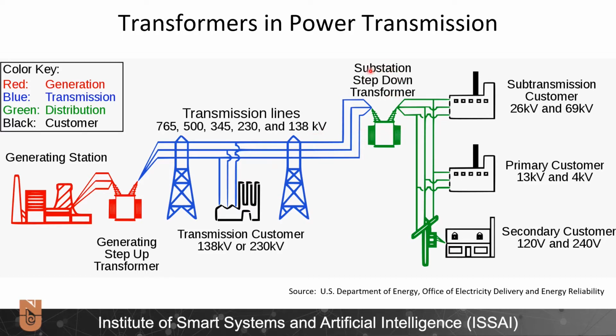And we just have here some type of a substation, maybe at the entrance of a town or at the entrance of a factory, which decreases this 300 kilovolt voltage to 26 kilovolts or 69 kilovolts for factories or big power plants such as arc furnaces for smelting, or reduces it to 120 volts or 240 volts for the usage of the customers to watch TV or wash your clothes.